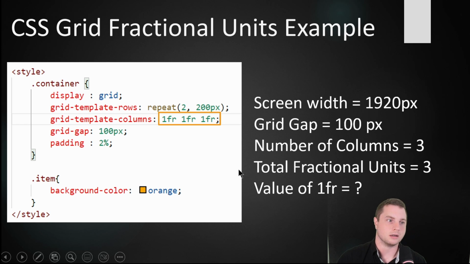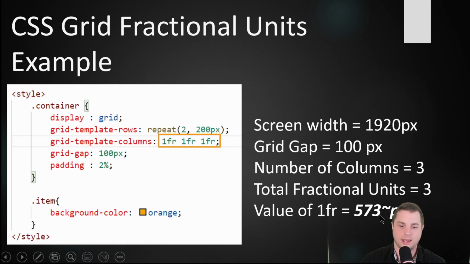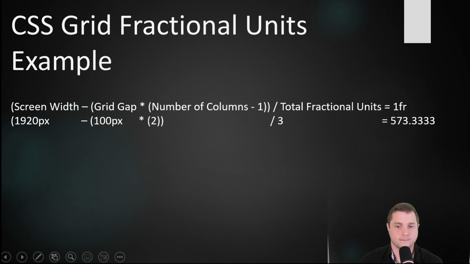All right, if we're going to actually calculate these, and you want to be a little bit more precise about it, you're going to have to get the screen width, your total grid gap, so how many gaps you actually have in your columns, number of columns, and total fractional units. What is the value of 1 FR? It happens to be about 573 pixels. If I remember correctly, this is 573 pixels, 0.3 repeating. And it was.